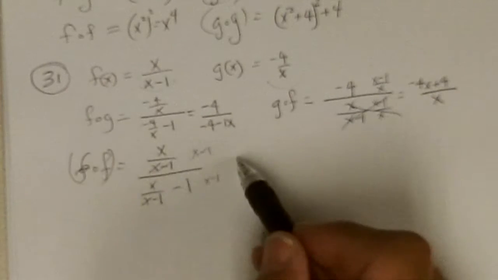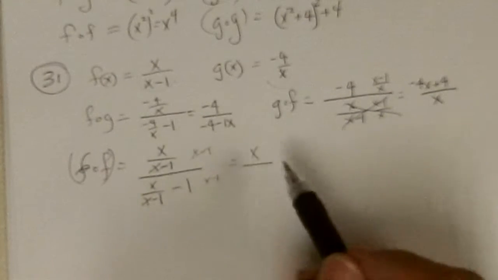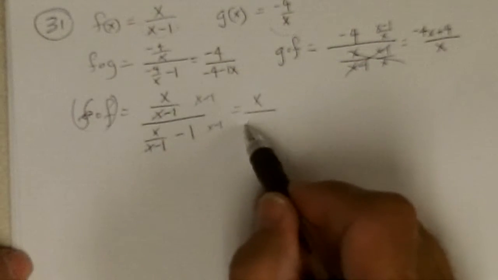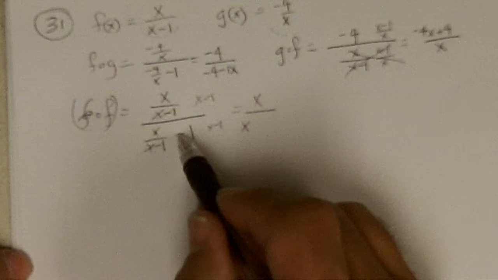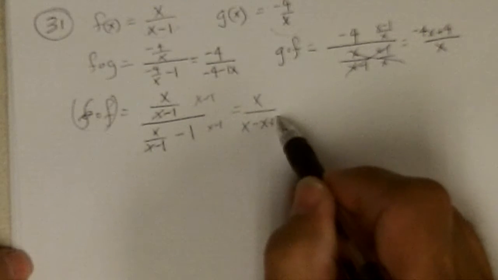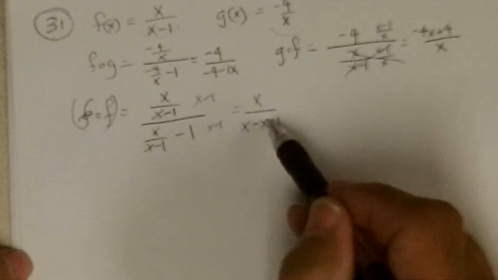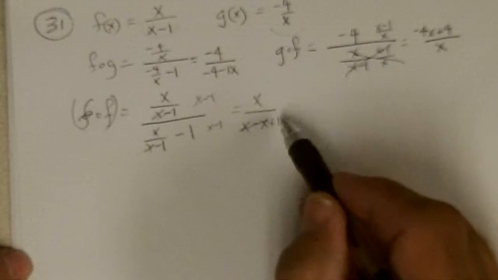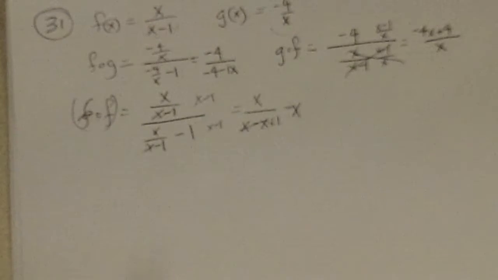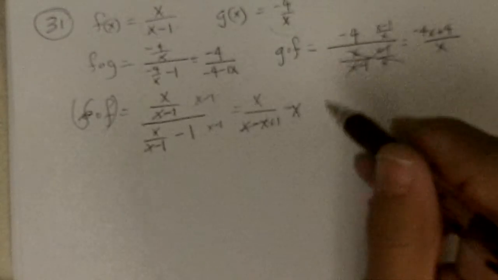That would cancel here, and I'd get x. And for this one, this would cancel here and give me x. And then I'd have minus 1 times this would be minus x plus 1. And these x's would cancel out, and I'd get x over 1 or x, which says f is an inverse of itself because it gave me just x.